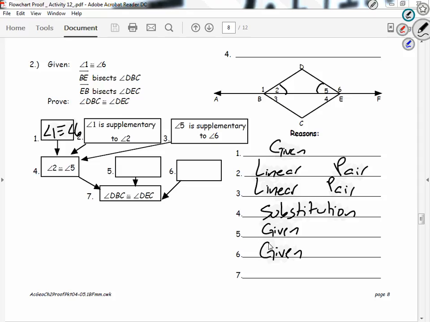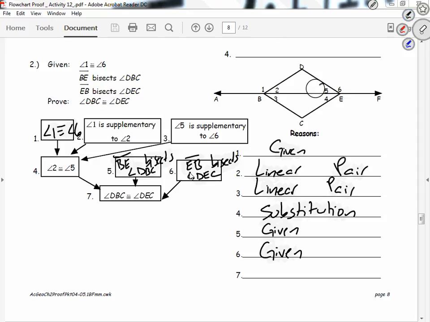Which two statements am I missing in them? Alright, BE bisects angle DBC. And for 6, let me write EB bisects angle DEC.